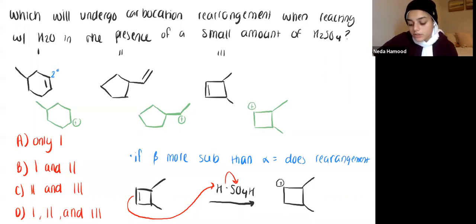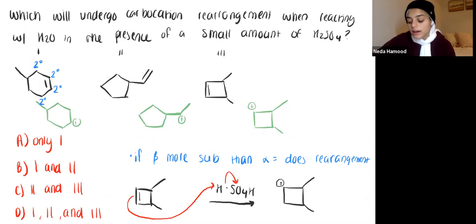Over here we have 2 degree beta carbons, and over here we also have 2 degree beta carbons. So this carbocation isn't going to be able to do anything because no matter what it does, it's going to end up being 2 degrees. Over here we have a 0 degree carbocation. It's not attached to anything being formed.